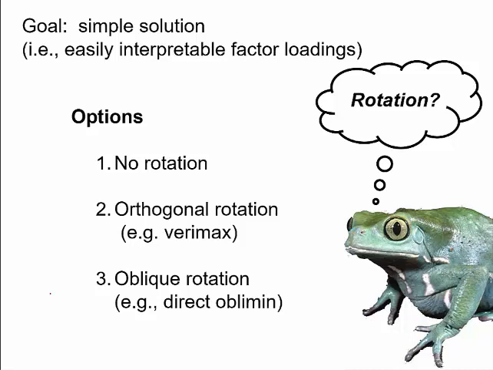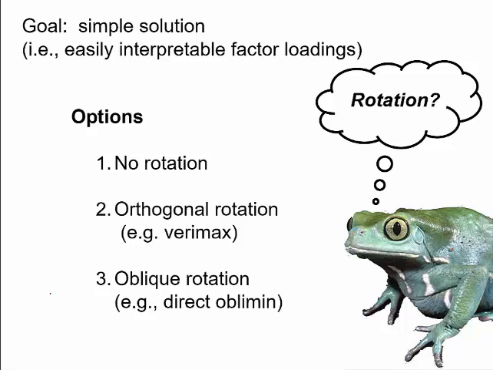I want to come to some conclusion about these items all seem to load high on this factor, and these other items all seem to load high on another factor. And I want my solution to be something that I can easily interpret. The problem is that usually when I do this, if you take the first 2 factors you extract and look at the solution, oftentimes it's not easy to interpret.